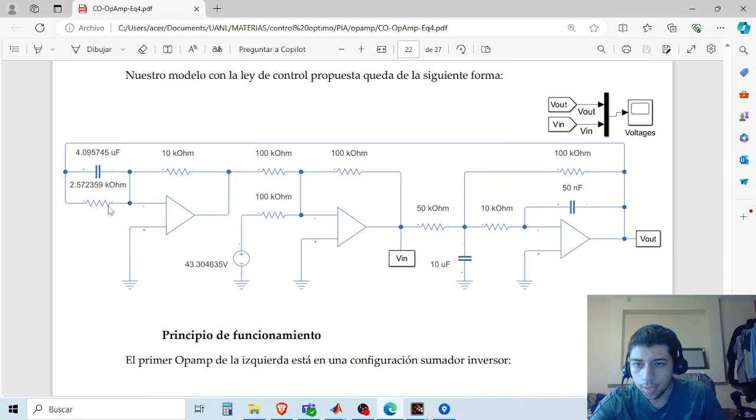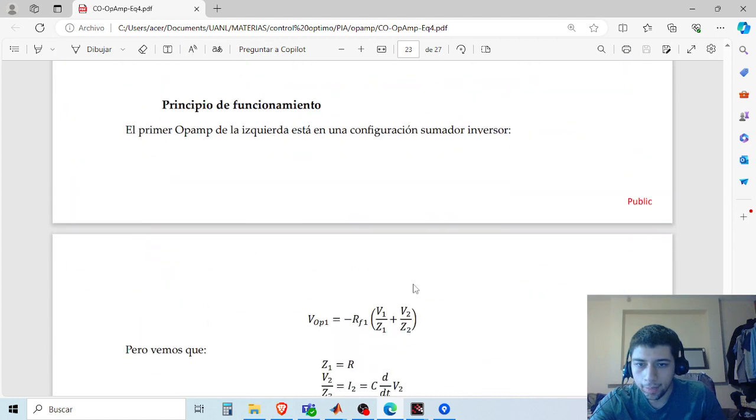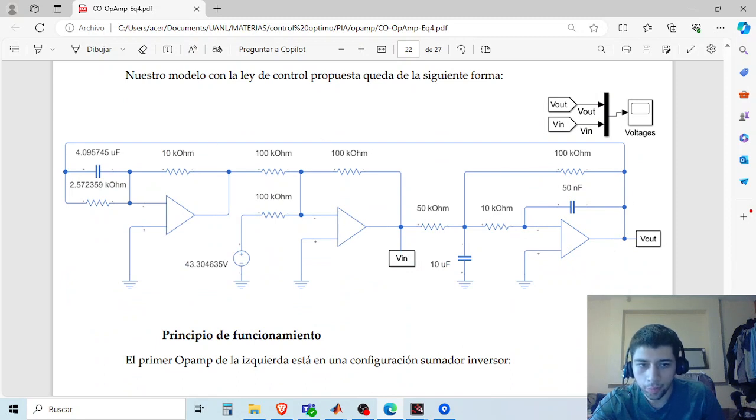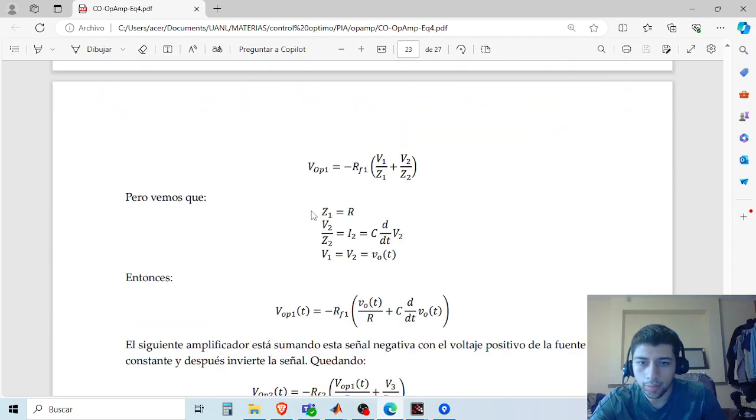Here it is just taking the reference value over the resistor value and multiplying that with the output voltage, and that will give us an output voltage for the first op amp. And then for the second voltage reference, we take the same output voltage from our plant, but instead of having a resistor, we have a capacitor, and a capacitor with a resistor reference gives us a configuration of a derivative op amp.